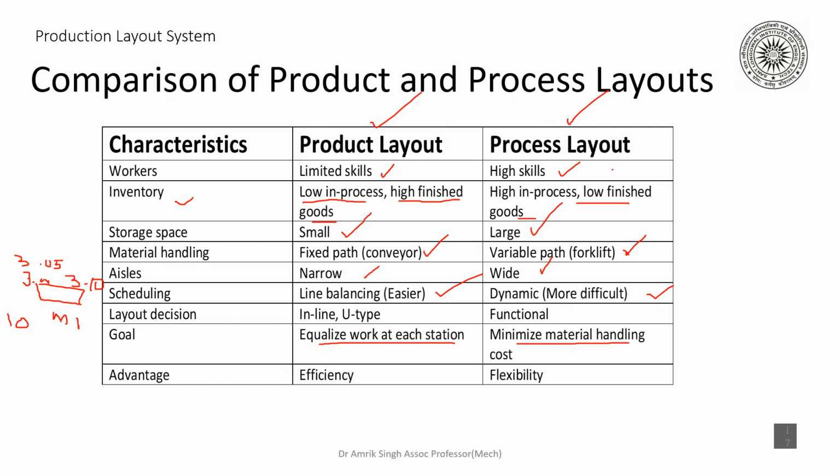In the case of the process layout, there is no need to move again and again. The advantage: efficiency, it is a very efficient type of layout, and here the flexibility. So we can arrange the machines according to the need. Okay, so it is flexible.